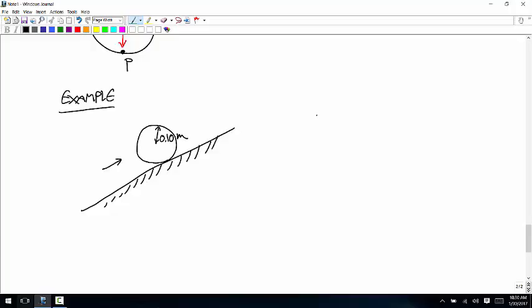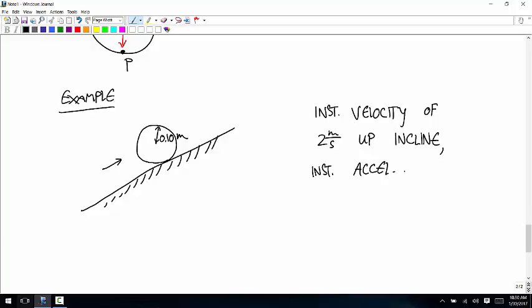And it has an instantaneous velocity of 2 meters per second up the incline. And an instantaneous acceleration of 3 meters per second squared down the incline.